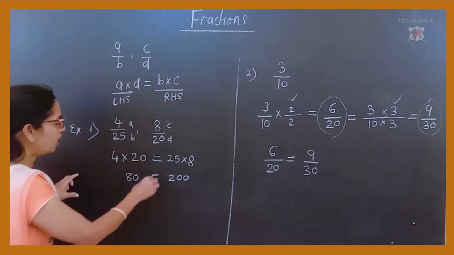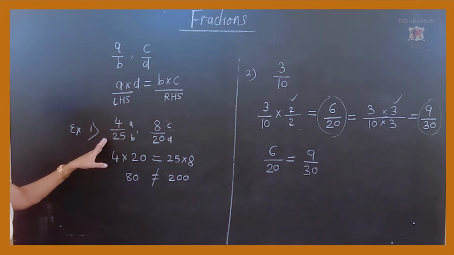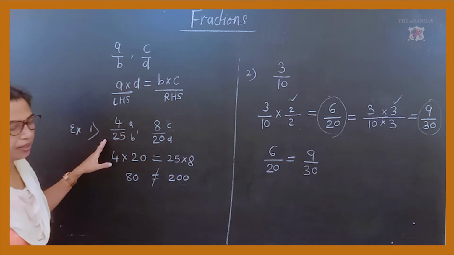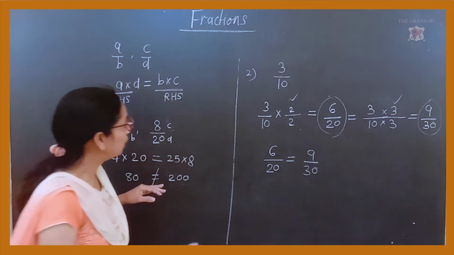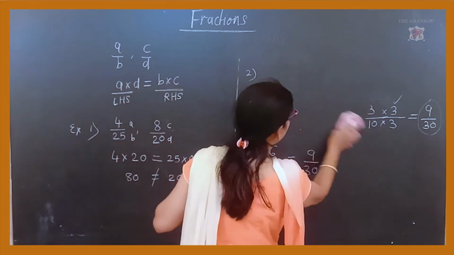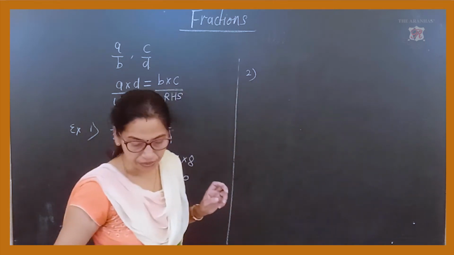So, as they are not equal, you can say the given fractions are not equivalent. But instead of this, suppose we have another example and see how they can be equivalent fractions.